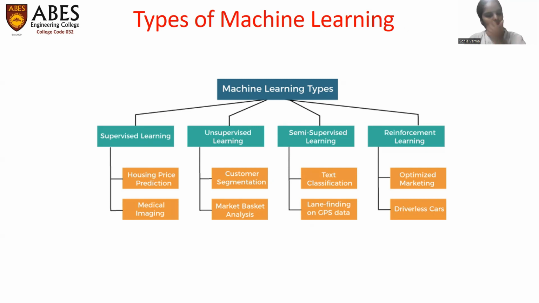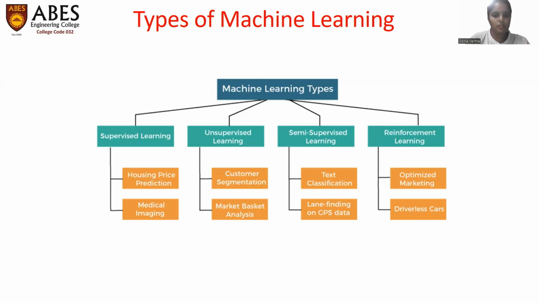But here are some examples of what supervised learning, unsupervised learning, semi-supervised learning, and reinforcement learning can do. If we talk about house price prediction, then a supervised learning algorithm will help in this, like medical images.